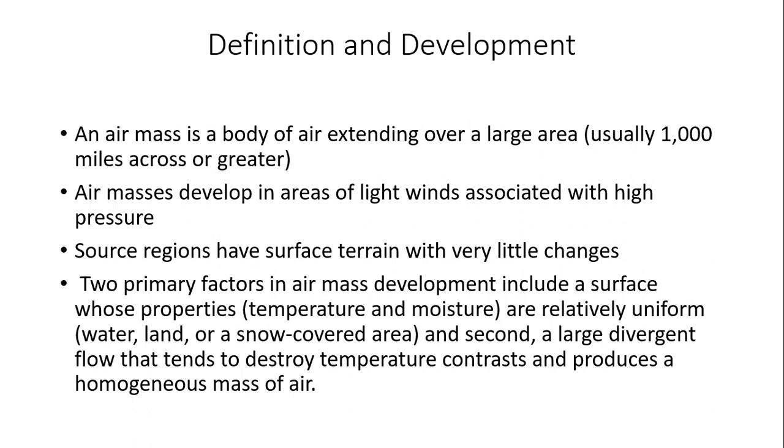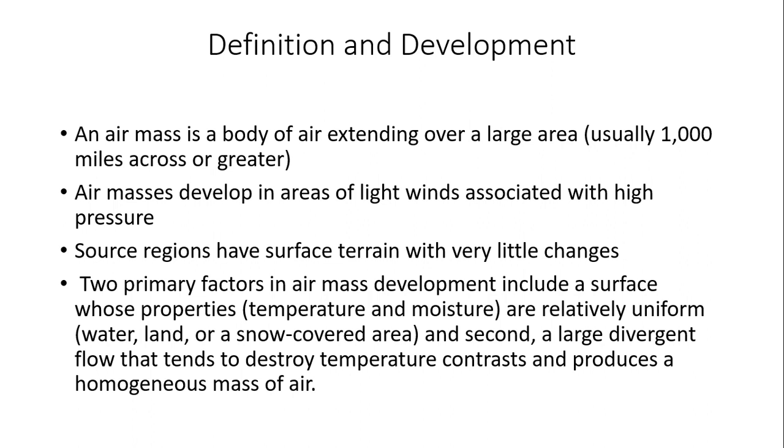There are two primary factors in air mass development. These include a surface whose properties, both temperature and moisture, are relatively uniform throughout the air mass. An example of a great surface that would meet this criterion would be a water surface over our ocean areas of Earth, our land surfaces, or even snow-covered areas.